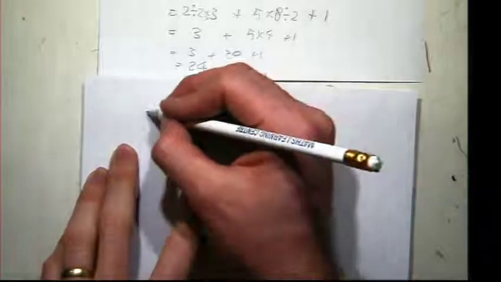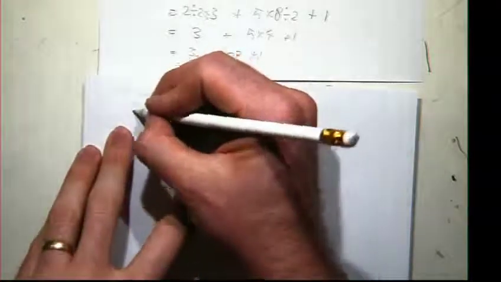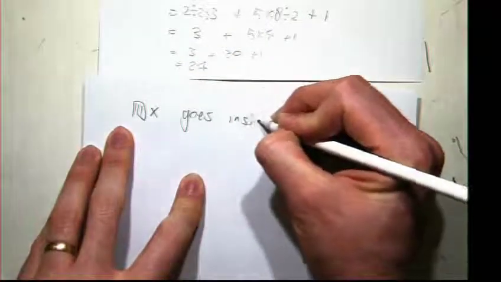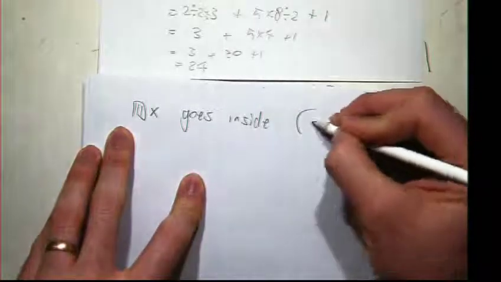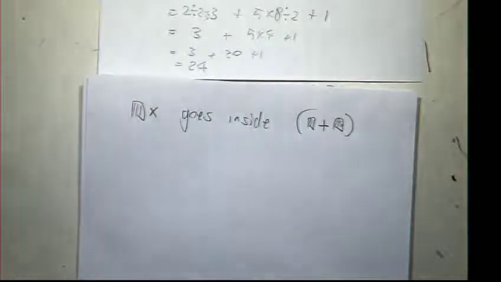Okay, so we have times, we have divide, we have plus, we have minus. We dealt with minus and brackets. We're just going to have to deal with the times and plus and minus and brackets as well. Okay. So if you have some number times a bracket with a plus, it goes inside the bracket the same way that minus did.